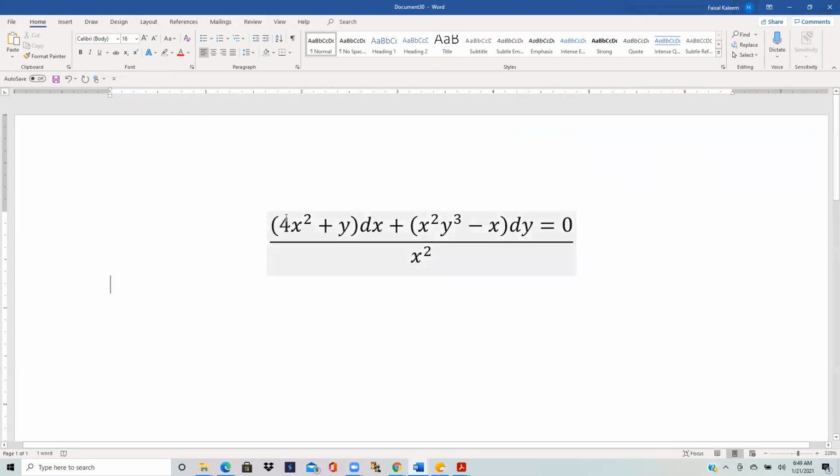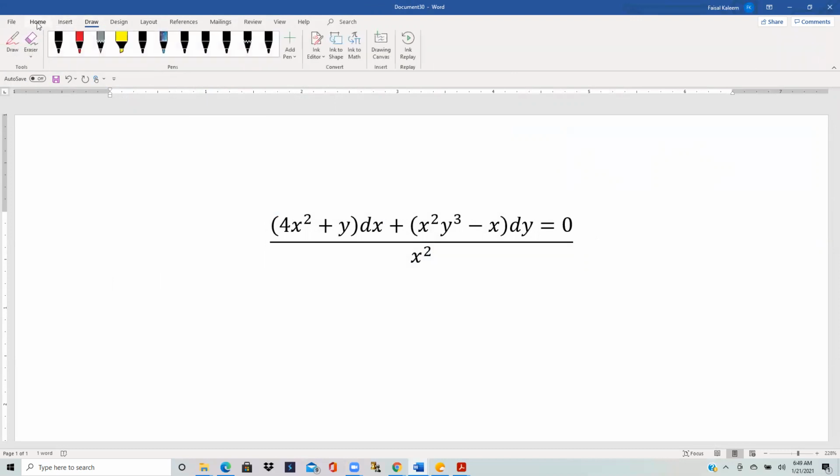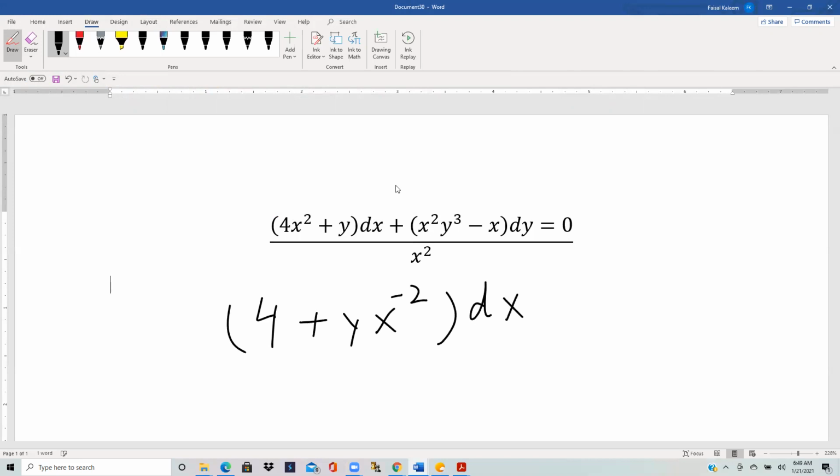So we will have first term just a 4, second term y x to the -2 dx, and then in this term the x squared will cancel out and you'll have y cubed minus x over x squared, which will be 1 over x.